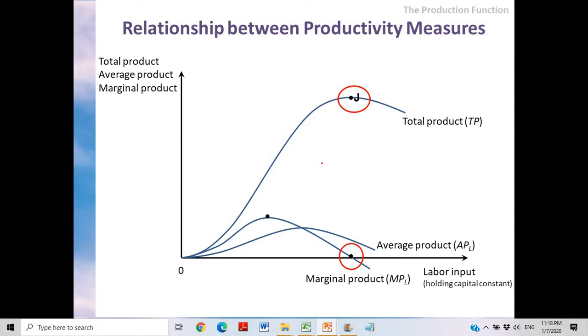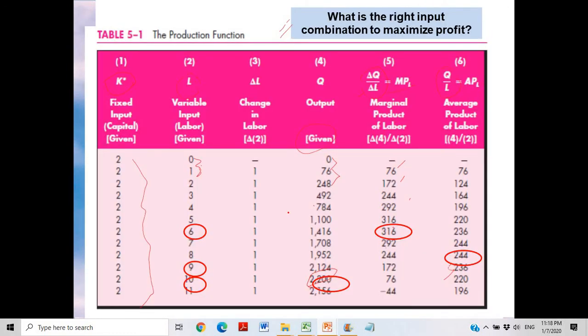This is if we transform the table to a graph. You can see here that I circle the point in the table just now. I circle this one to show that the output increases, reaches the maximum, and then it drops.